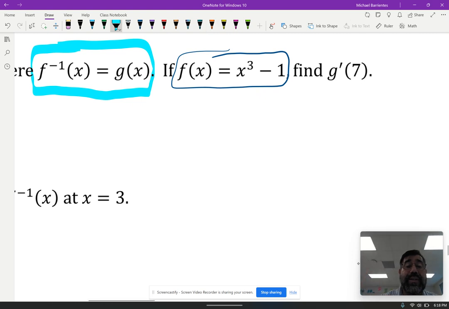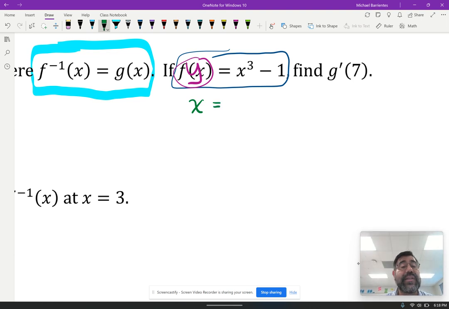Whenever I see f of x, this whole thing is y. So the first thing I'm going to do is switch my x and y. Instead of y, I say x equals, and instead of x, I say y to the third minus 1. Everything else stayed the same, but wherever I saw x and y, I interchanged them.